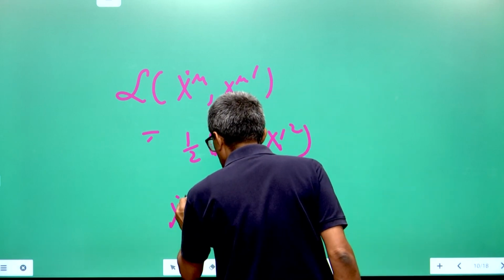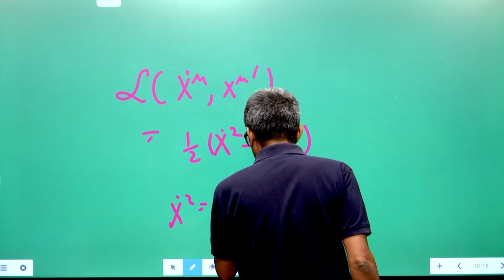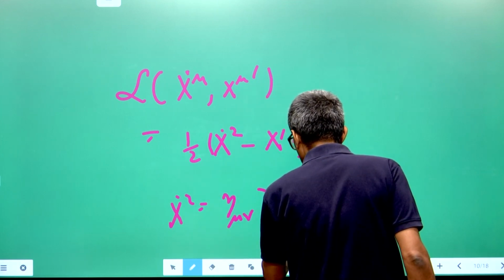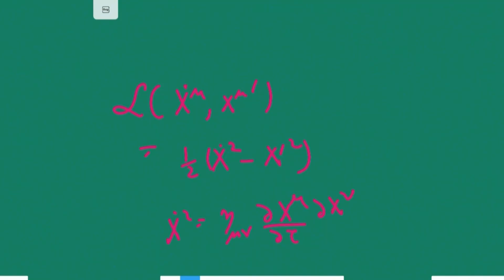So when I write x dot squared, what I really mean is eta mu nu dou x mu by dou tau times dou x nu by dou tau, and likewise x dash squared means eta mu nu dou x mu by dou sigma times dou x nu by dou sigma. The Euler-Lagrange equations are x double dot minus x double dash equal to 0.